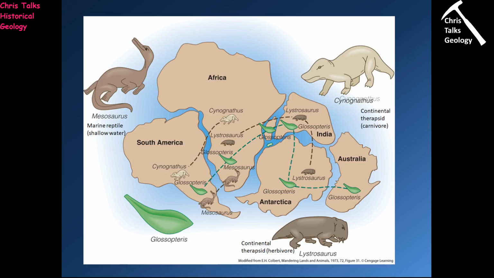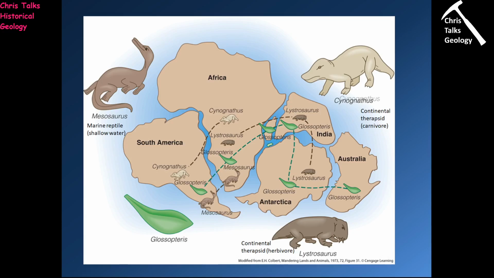Okay. Now you're probably thinking, but hold on a minute, humans can do that kind of thing. Yes, we can, but we are extremely adaptable. We have a level of intelligence that allows us to produce tools which help us to survive in various environments, even sometimes when those environments would normally kill us. So, unfortunately, an animal like Cynoganthus would not have that capacity.